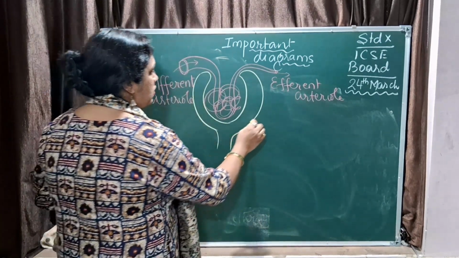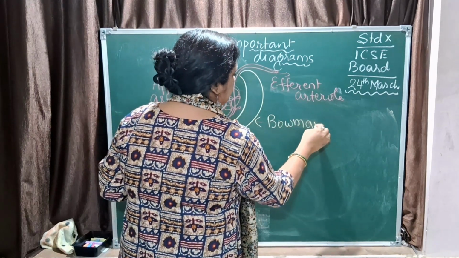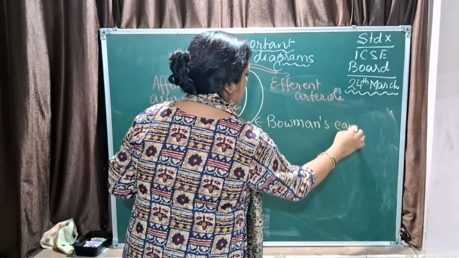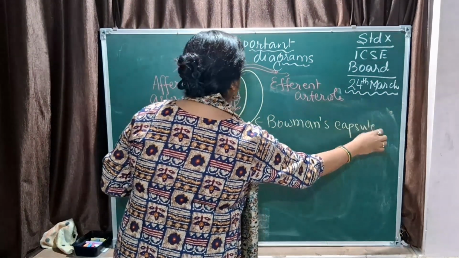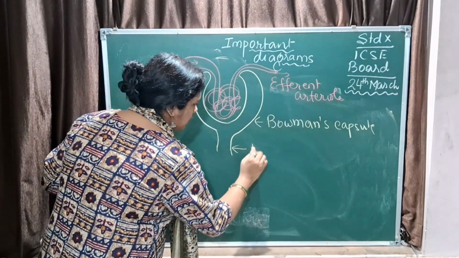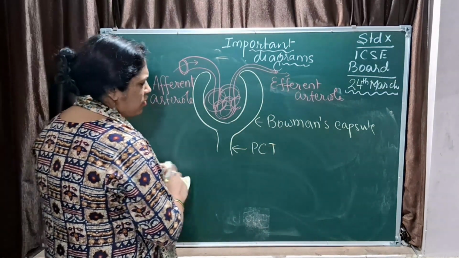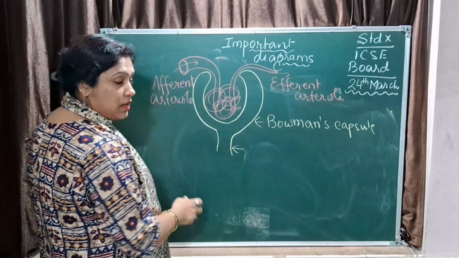Yes. So now this is called the Bowman's capsule. And the entire structure here is what? The PCT, the proximal convoluted tubule. Instead of writing shortcuts, I think it's better you write the full name.